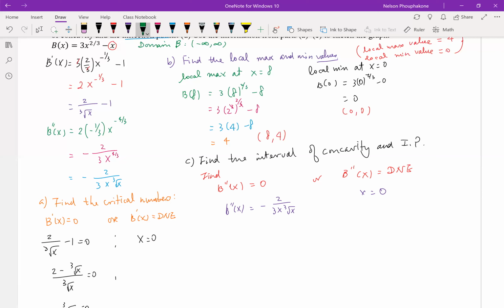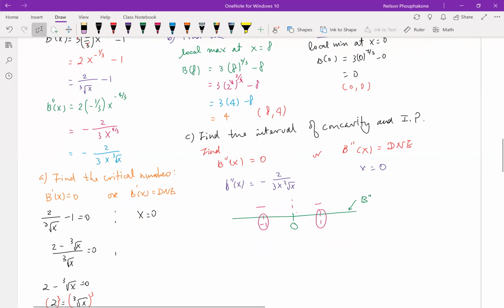Now we need to work with the sign chart again. Remember this sign chart works with b double prime, and the number here is 0. What we could do is plug in -1 and 1 to test, right? Of course, if we have -1, then this is negative. If we have +1, this is also negative.